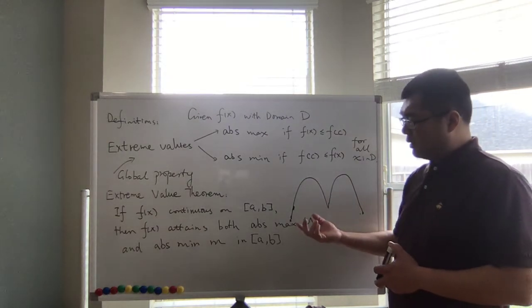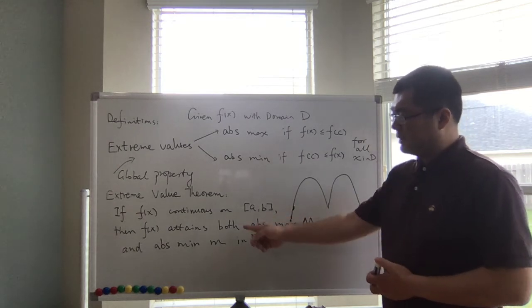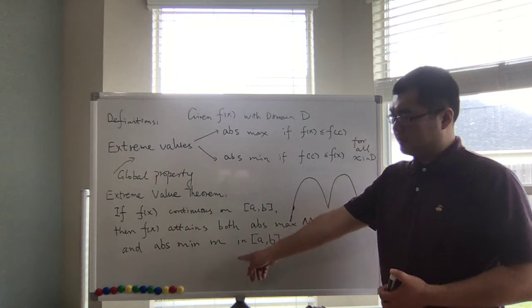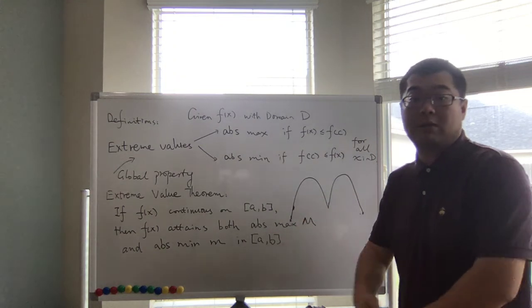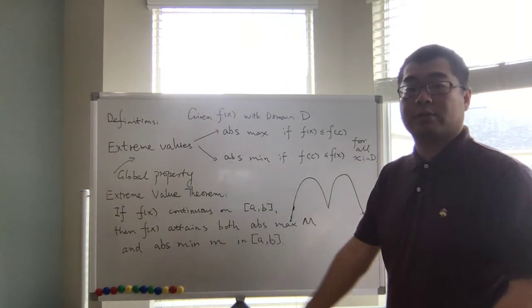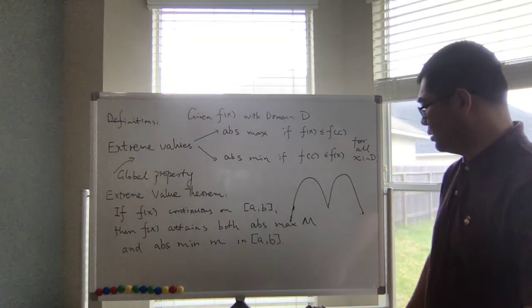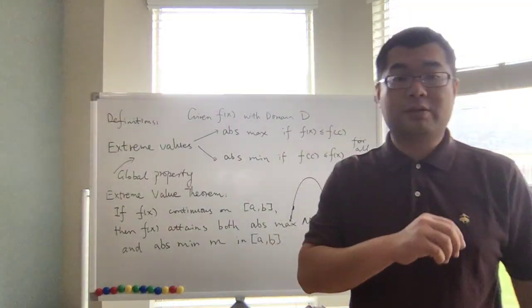It's guaranteed that if f is continuous on a closed interval, f(x) will attain both an absolute max and an absolute min. This absolute max and min might not be unique, but it's guaranteed to have an absolute max and absolute min. I'll stop here and then we'll continue with 4.1.